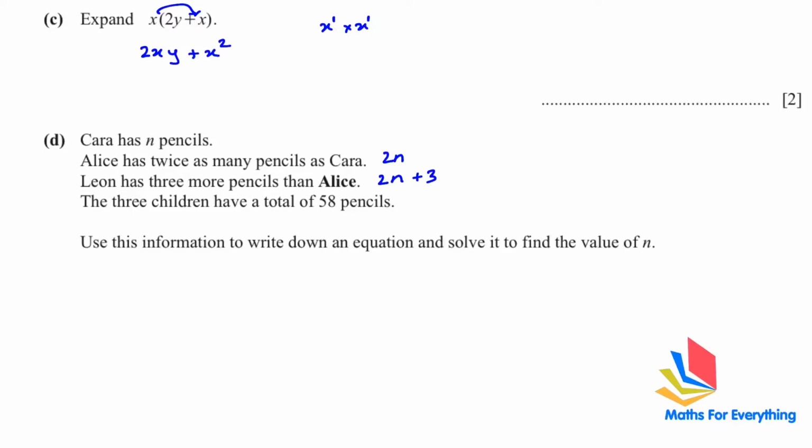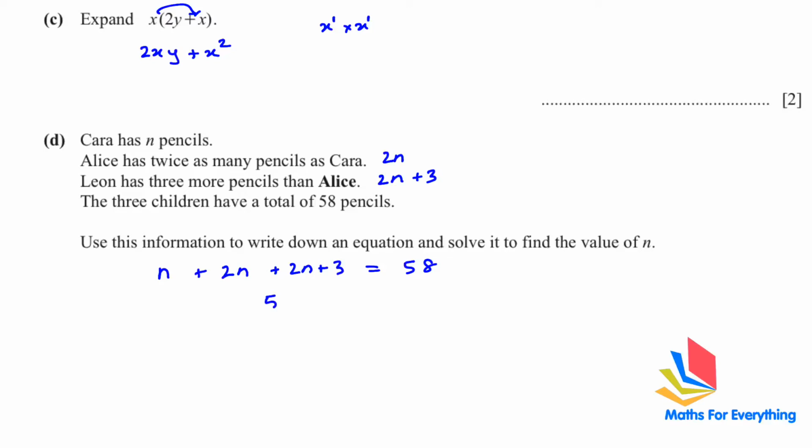The total number of pencils they have are 58. So we have to write an equation. This is Kara, this is Alice, and this is Leon. When you add all of that, it is equal to 58.